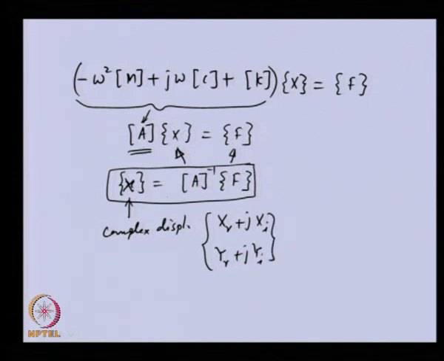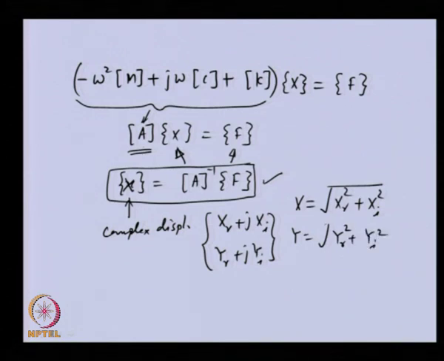When we solve this equation, we will get two quantities: the first corresponding to the x displacement, the second corresponding to the y displacement. The amplitude in the x direction we can get from the real part and imaginary part by squaring them, adding them and taking the square root. Similarly, the y amplitude can be obtained from this complex quantity.